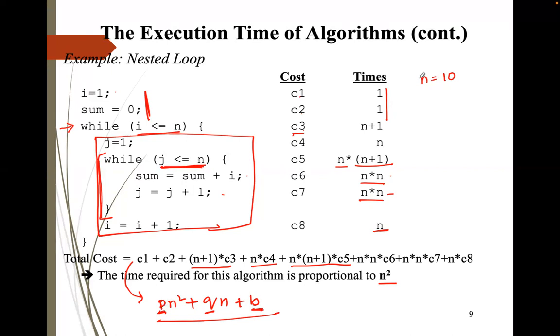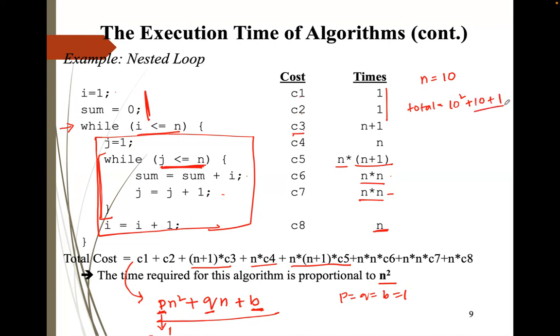So if our input size is 10, and let's assume each of the constant values is 1, then in that case the total cost will be 10 square plus 10 plus 1.